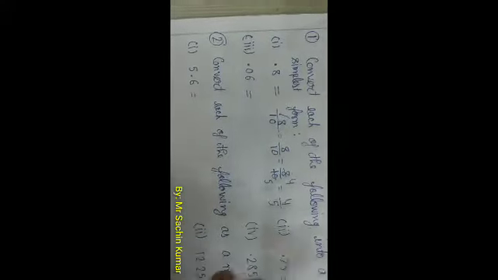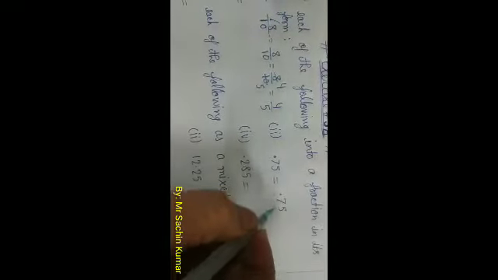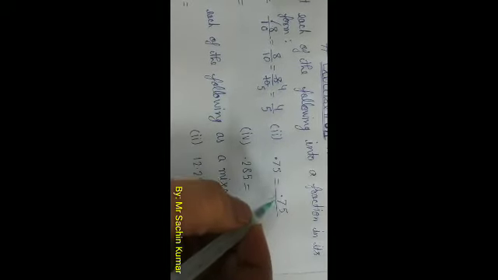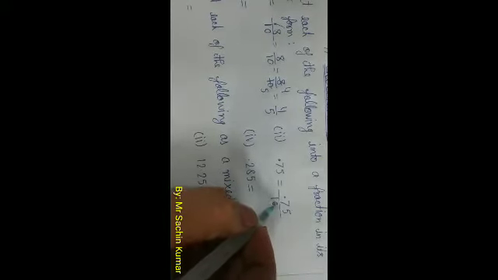Our next number is 0.75. We write again 0.75 and draw a line, and below the decimal point we write 1, and after the decimal there are two numbers, 7 and 5, so we put 2 zeros and then the decimal has been removed. We write again 75 over 100.